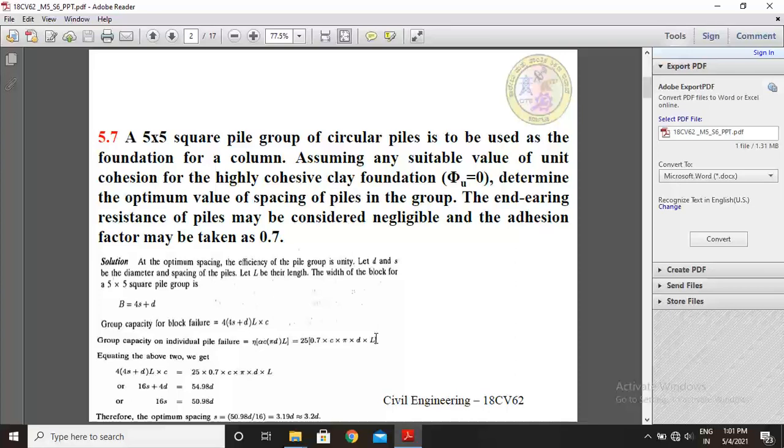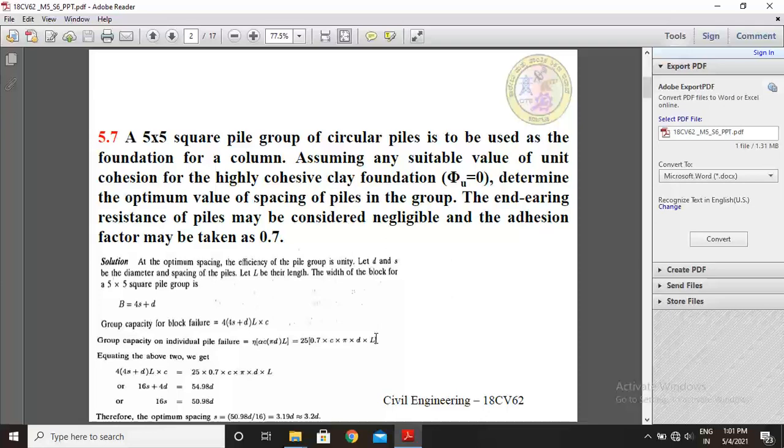The width of the block for a 5 into 5 square pile group is B equal to 4 times S plus D. So the group capacity for block failure is 4 times (4S plus D) into L into C. So this is the pile group configuration, block dimensions. Next step, group capacity on individual pile failure is given by the relation N into alpha into C into pi D into L, that is the perimeter concept.